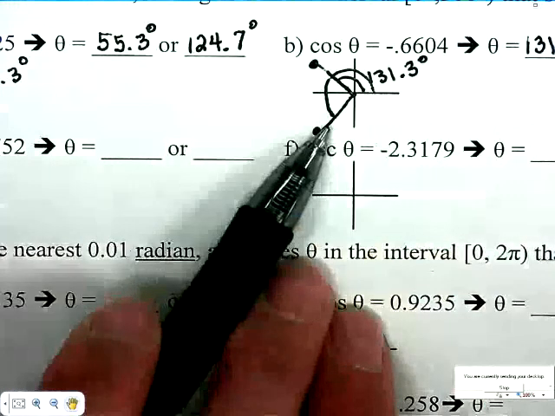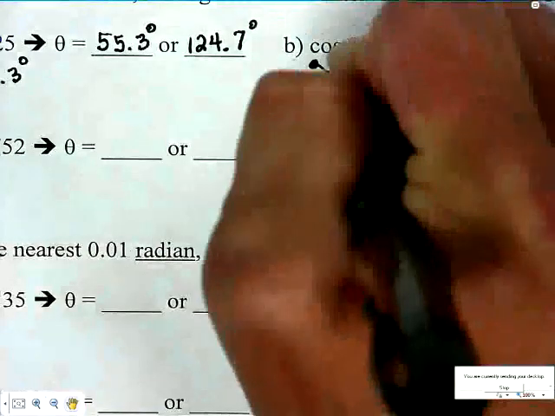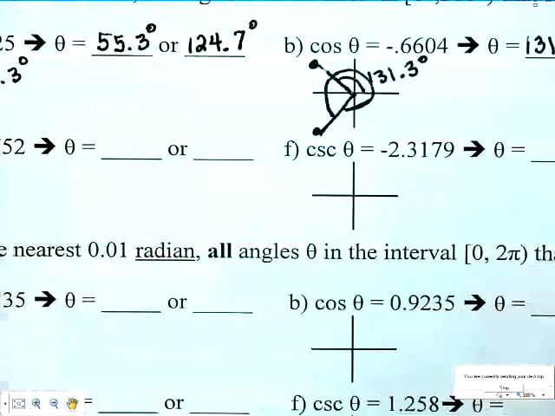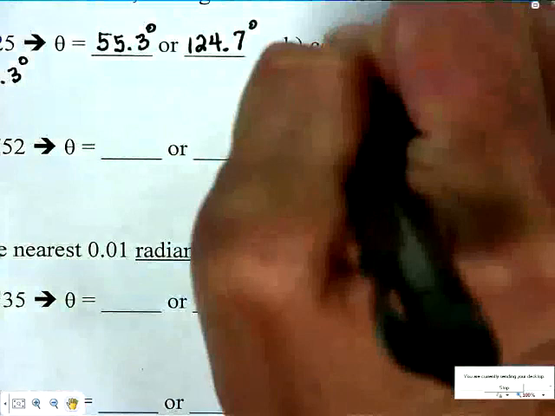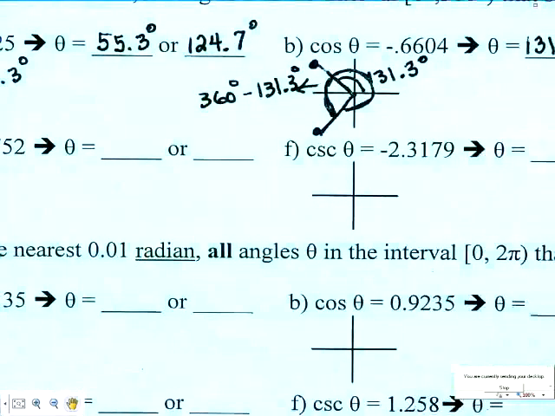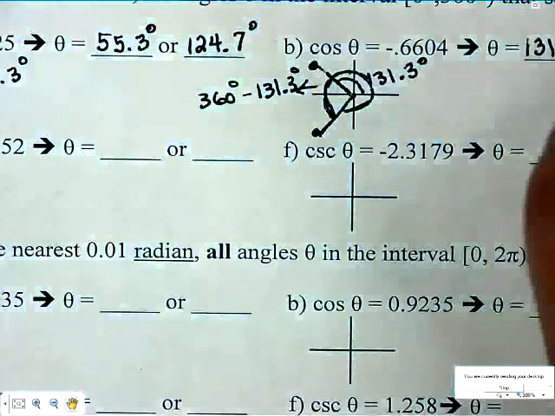You would get that same thing if you just subtracted, let's see, how can I show this big angle? I need a different color pen here. That big angle is 360 degrees minus 131.3, or 228.7.